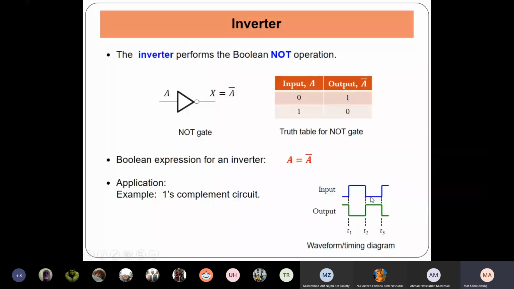When the input is low, the output is high, and when the input is high, the output is low. This is the timing diagram, the waveform for the output if the input is like this. In digital electronics this is important because in the exams, we will ask you to draw the timing diagram of the circuits.